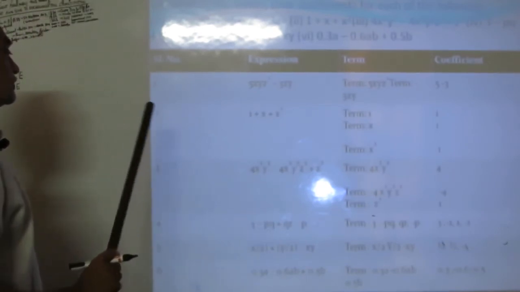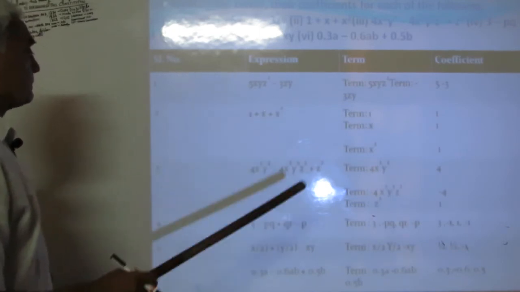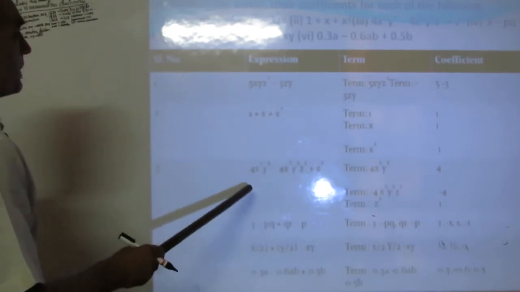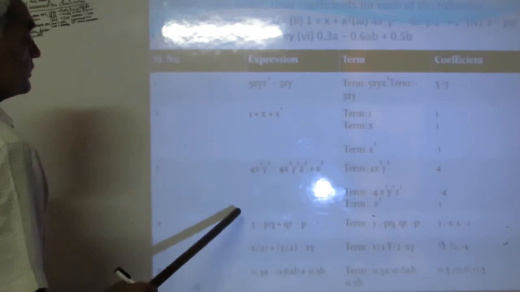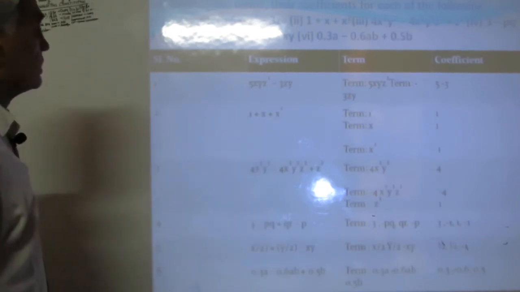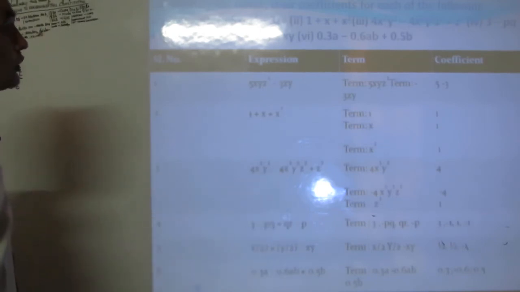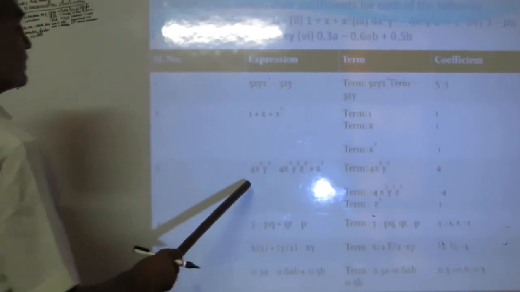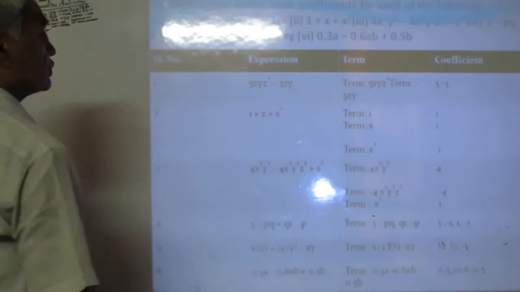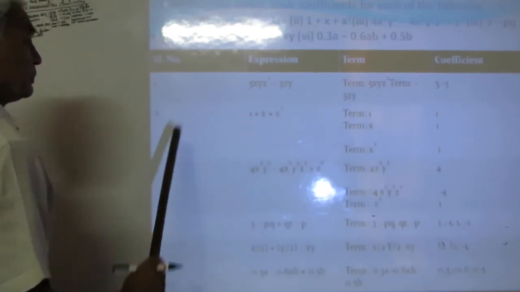Now the third part of this question, the expression given is 4x square y square minus 4x square y square z square plus z square. The first term in this expression is 4x square y square. So the coefficient of this is 4.